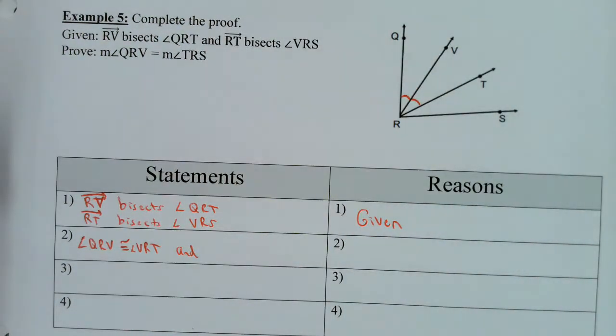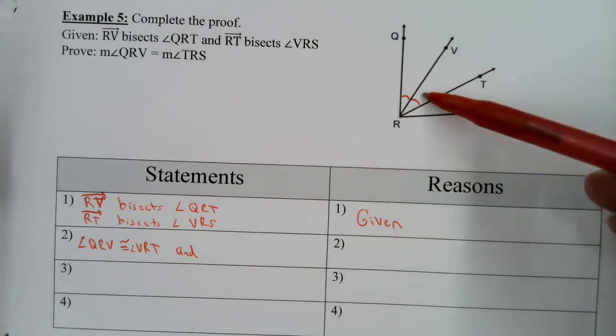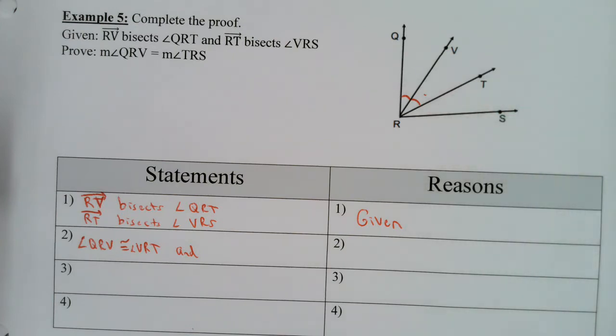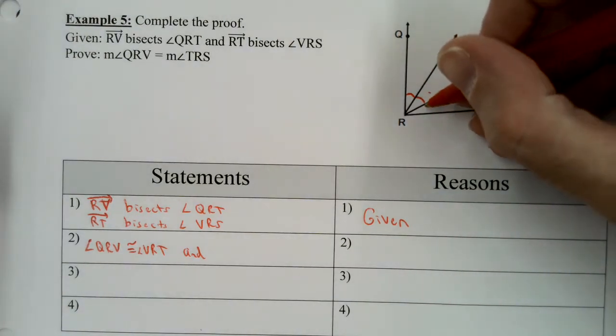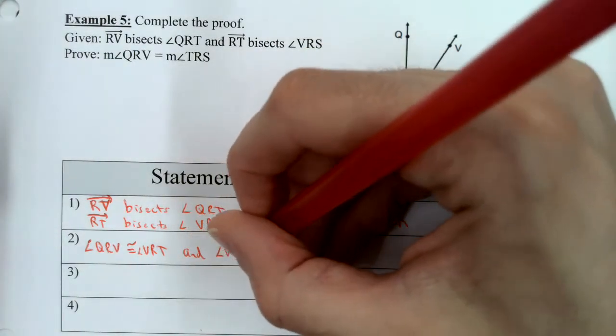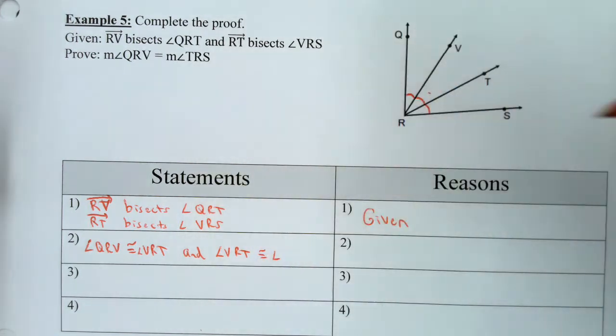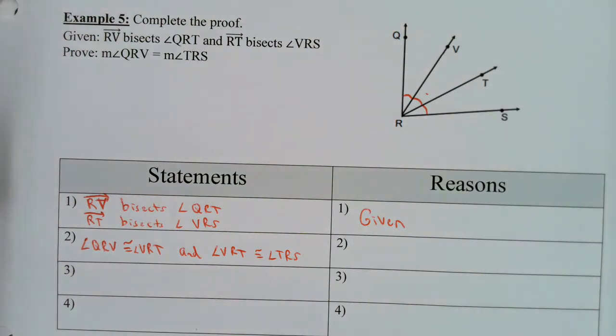And in that same step, since RT bisects VRS, it means that this angle right here, VRT, is congruent to TRS. And since there's one arc on VRT, I'm going to put one arc on TRS. So I'm going to say, and angle VRT is congruent to angle TRS. And that is called the definition of an angle bisector.